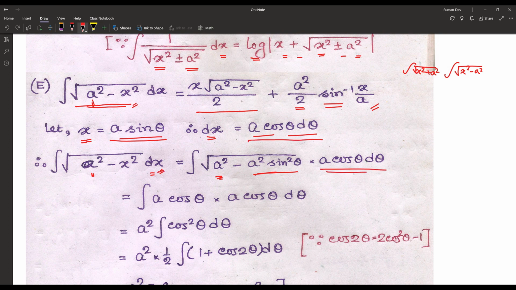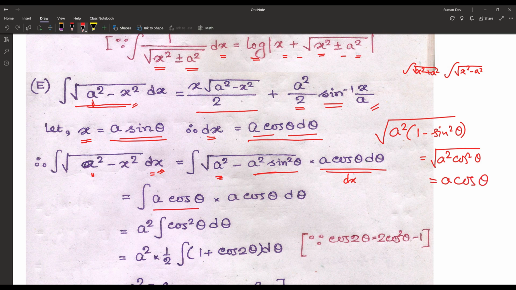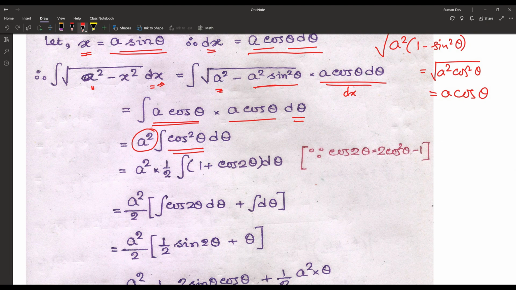Now if we do that calculation taking a square common, we get a square cos square theta under the root, and that gives us the result as a cos theta. So we write it here as a cos theta into a cos theta d theta. So a square is a constant, kept as a multiplier, and we have the integration of cos square theta d theta. Now we know cos 2 theta is equal to 2 cos square theta minus 1.